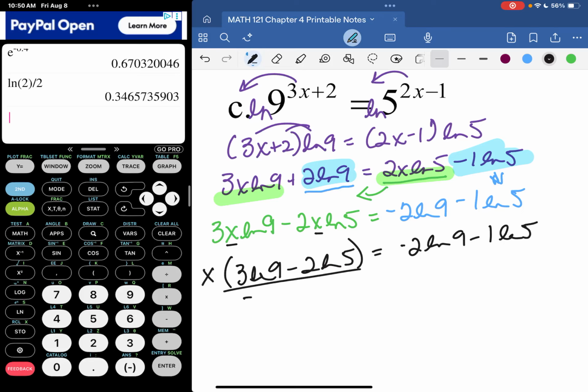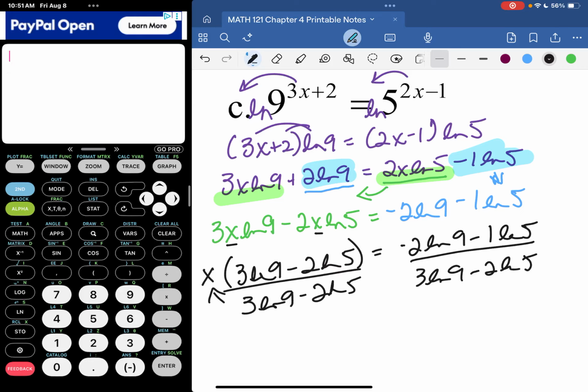And then I divide. Because how do you get rid of multiply? You divide. Now, this is going to be fun to type in. Okay. So open a parenthesis on the top. So I got negative 2 ln of 9 minus 1 ln of 5. You don't have to put the 1. Divided by, open parentheses. Ooh, wait. We got to close parentheses.